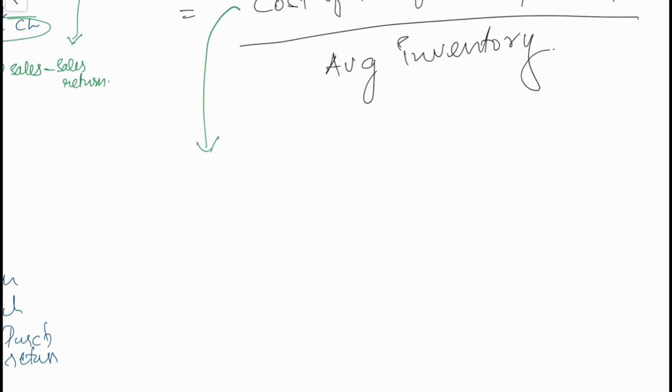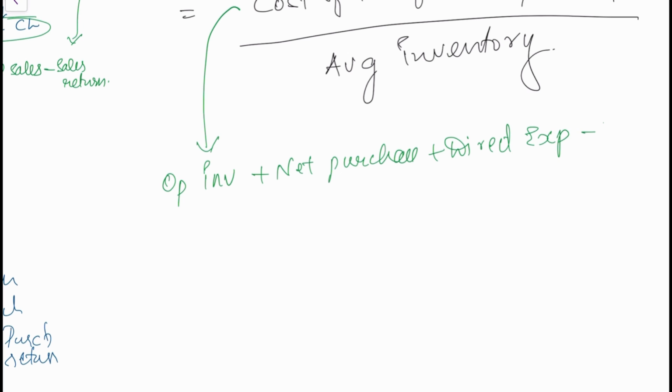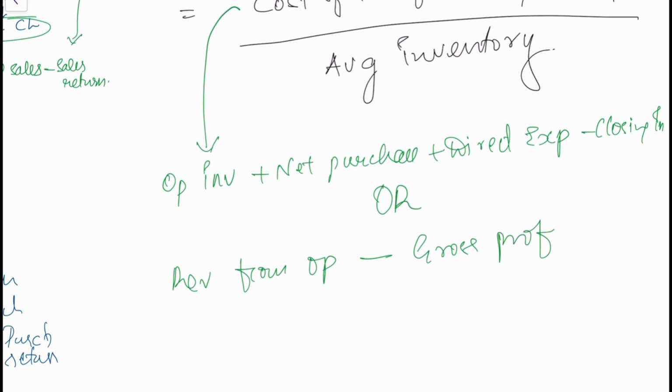Okay, so cost of revenue from operation, or we can say cost of goods sold. How to identify that? Opening inventory plus net purchase plus direct expense minus closing inventory, or one more formula is there, revenue from operation minus gross profit.